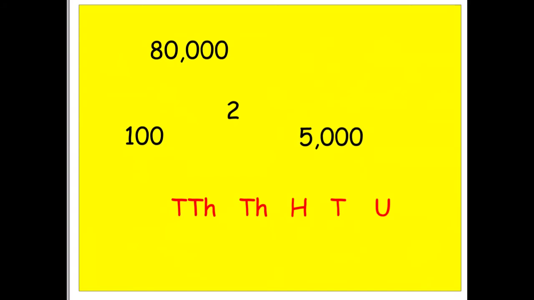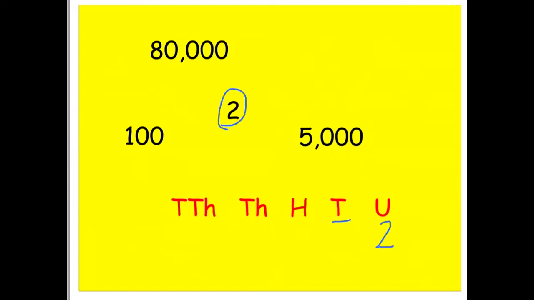Here is another example. Again, let's add the 5-digit numbers to see what our result is. Right, let's check our answer then. Let's begin with our smallest value, which is our units. And there are 2 units.